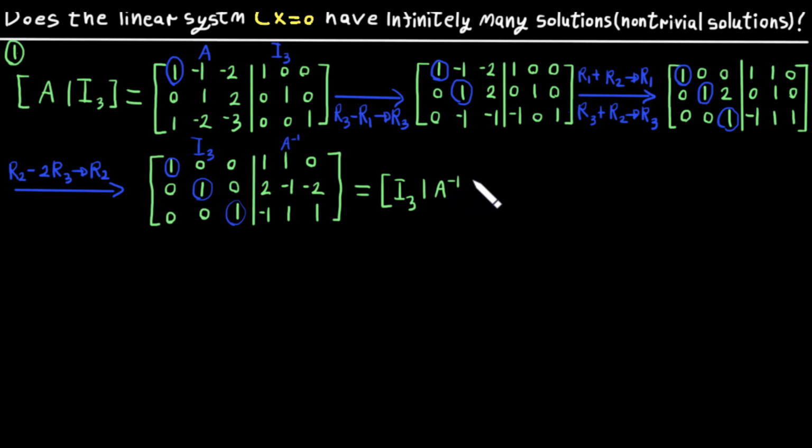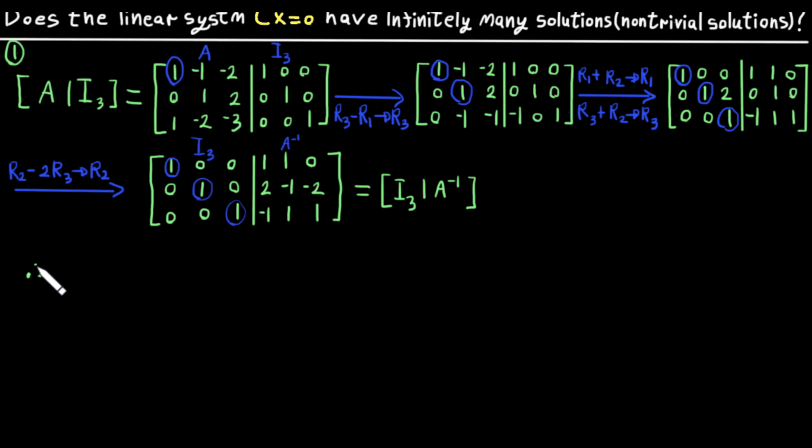So you can see we transformed A to identity. Therefore, on this side, identity transforms to A inverse. Since you can transform this one to here, then A inverse exists.